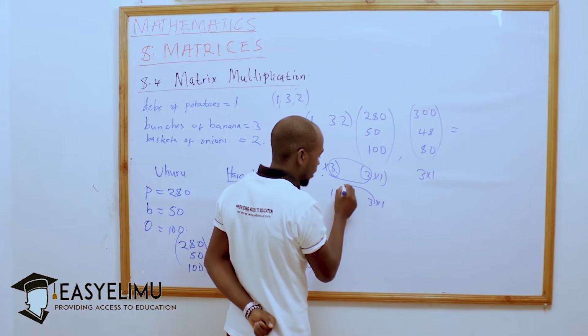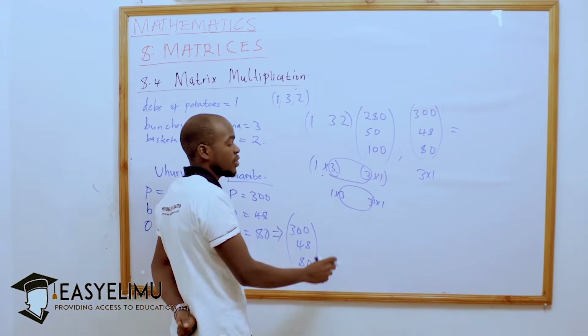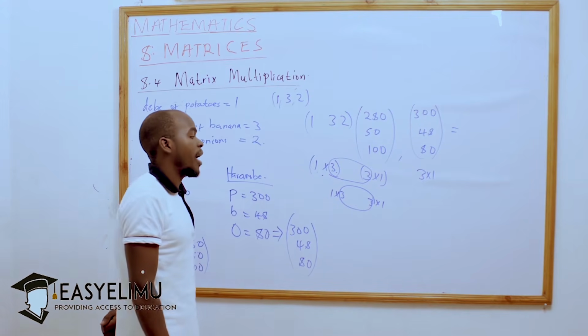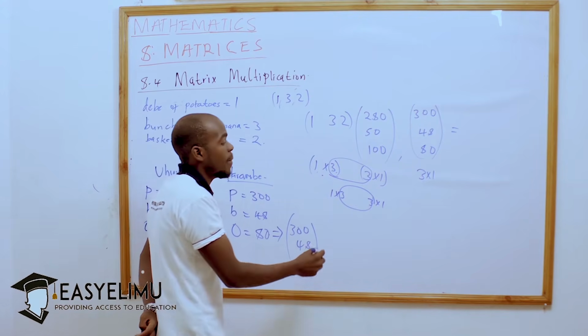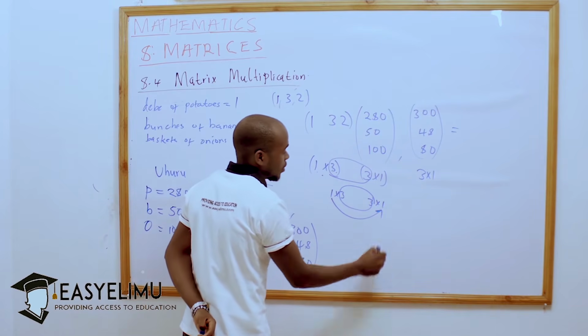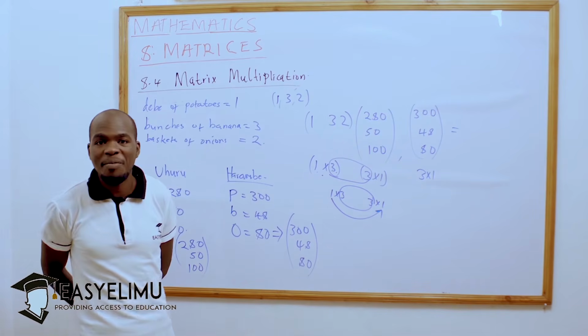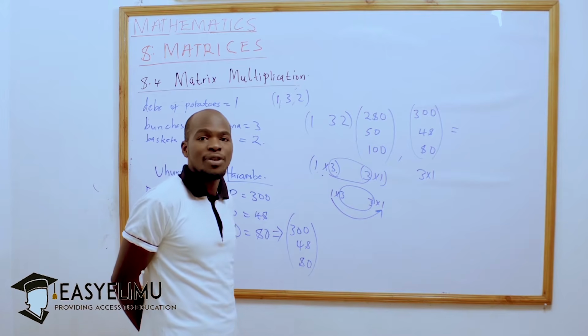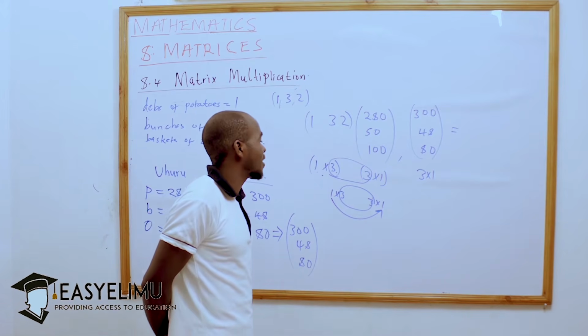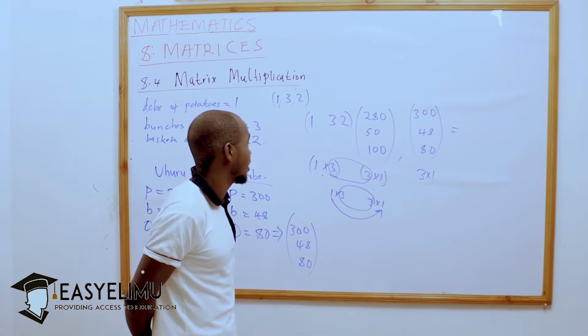The matrices are compatible, because 3 and 3 can go together, but your matrix will end up being 1 by 1, meaning just a single unit. So we shall work out and see how that single unit comes about.